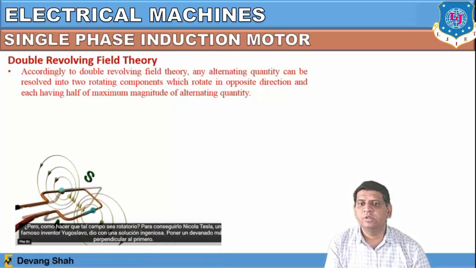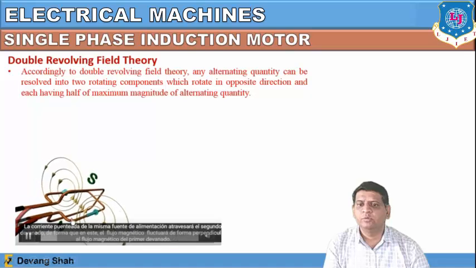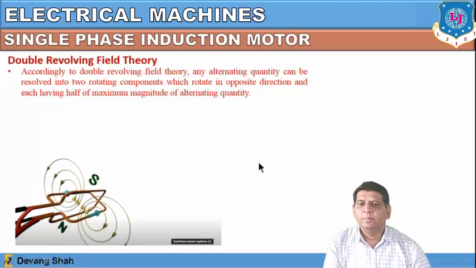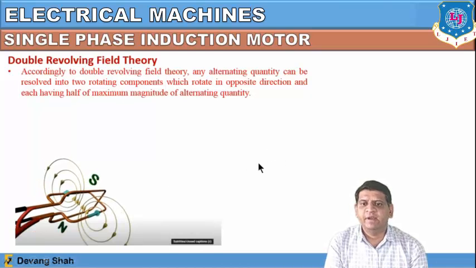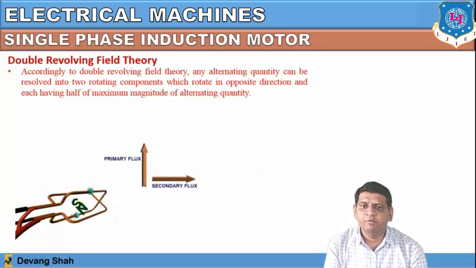In this particular theory, if you look at the video, you can see the secondary winding is placed in a perpendicular direction to the main winding. So here two windings are accommodated: one is a main winding and another is an auxiliary winding.